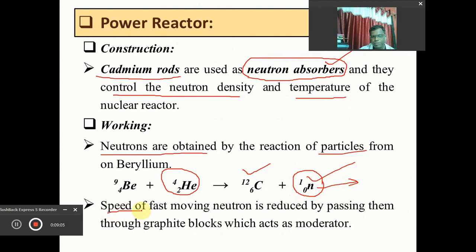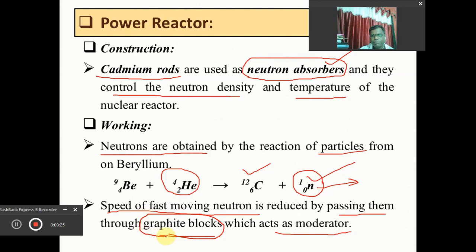The speed of this fast moving neutron is reduced by passing them through the graphite block, which acts as the moderator, because the function of the moderator is to reduce the speed of fast moving neutrons, and that's why the graphite blocks are used as the moderator.